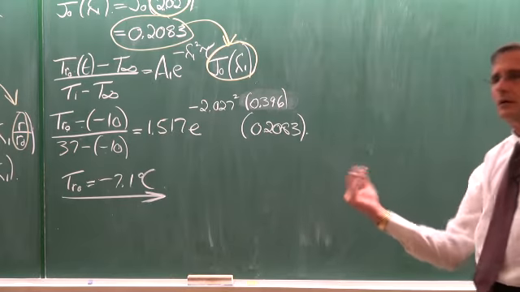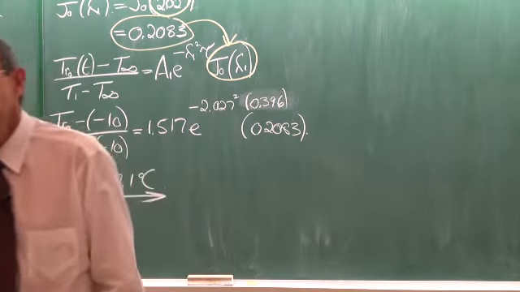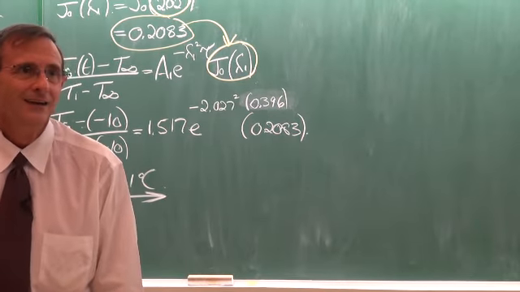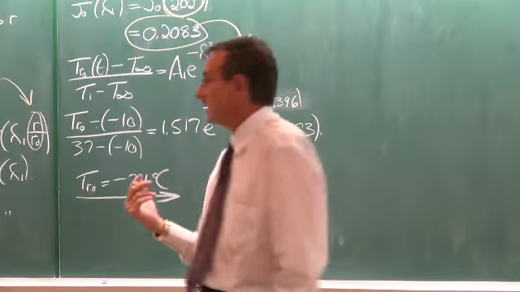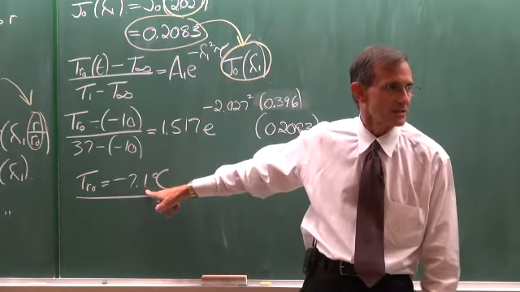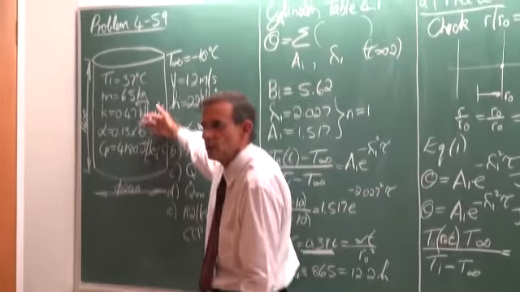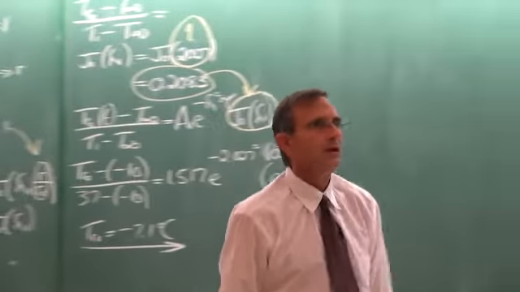Maybe you can get one or two more marks if you've made an error, but at least you recognize it and you can tell me why. So let's suppose you've calculated minus 15 degrees Celsius. Would that make sense in terms of this problem? Minus 10 on the outside, a body with 37, it wouldn't make sense. You agree?